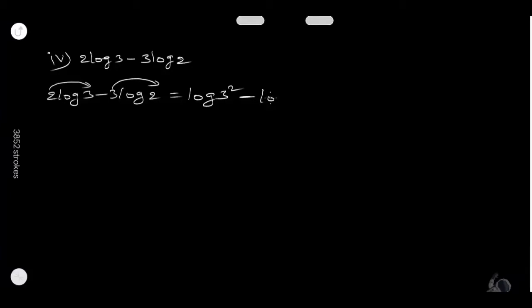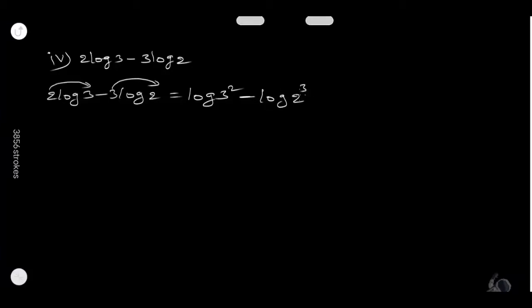Okay, next problem, fourth. 2 log 3 minus 3 log 2. Before log 3, 2 is there, so 2 becomes 3 power 2. So log 3 square minus, this 3 also becomes 2 power 3.